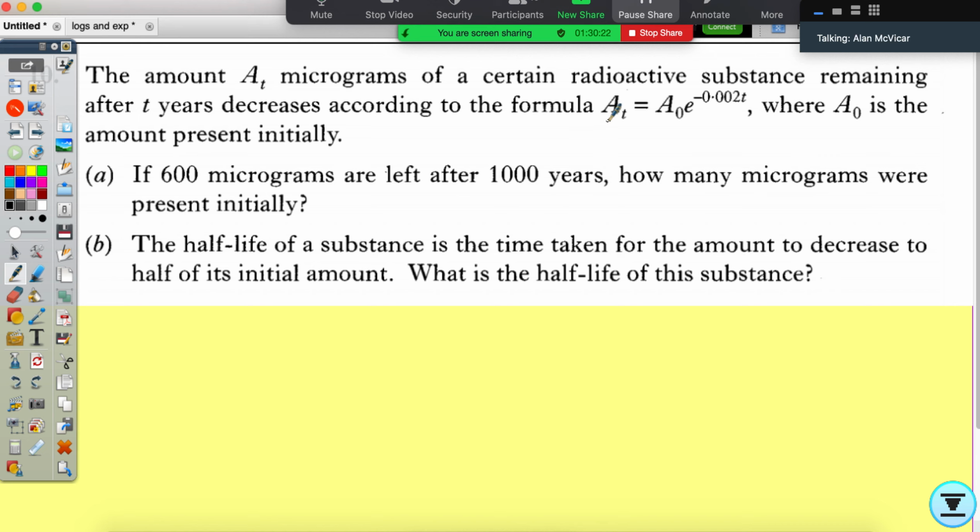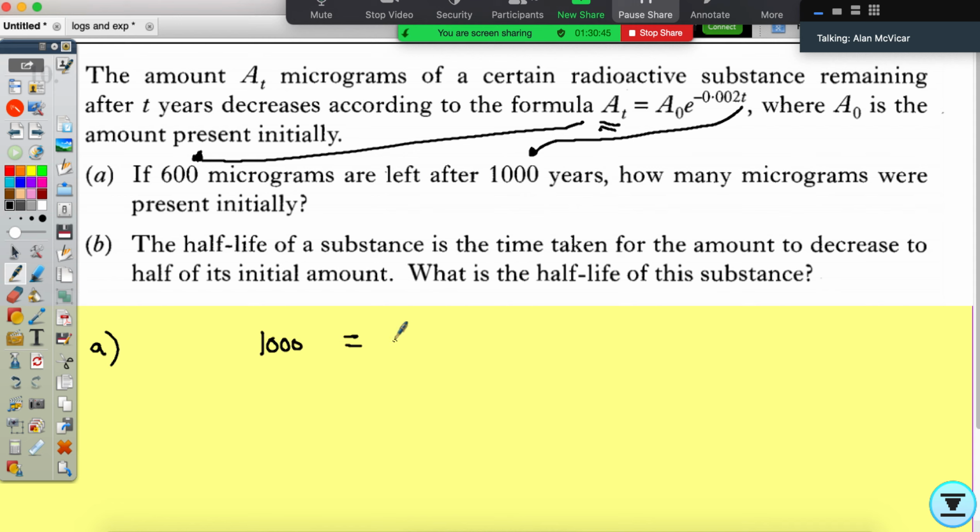remember, A_t is the amount left after a certain period of time. Right? So in part A, A_t is 600, right? And t is my time, is 1,000, right? So, part A. 600 equals A_0, which is my original amount, e to the power of negative 0.002 times 1,000.